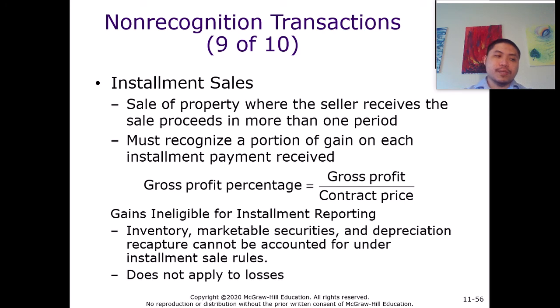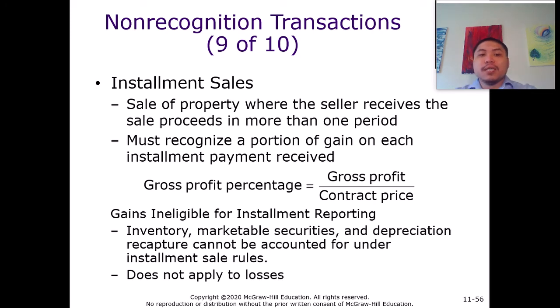Because the seller, the taxpayer who is selling the property, does not receive all the cash at the moment of the transaction, they are allowed to defer a portion of the gain until they receive additional cash.